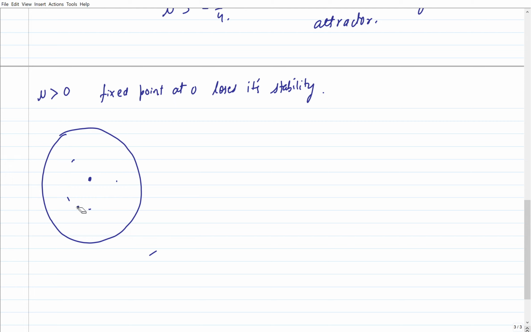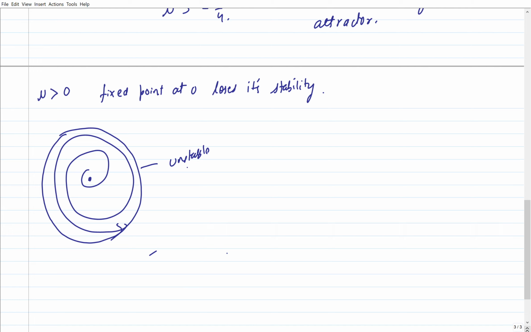Actually, even this limit cycle doesn't remain. I'll come to that later. So just follow me for now. This is what happens. So this was the stable attractor.